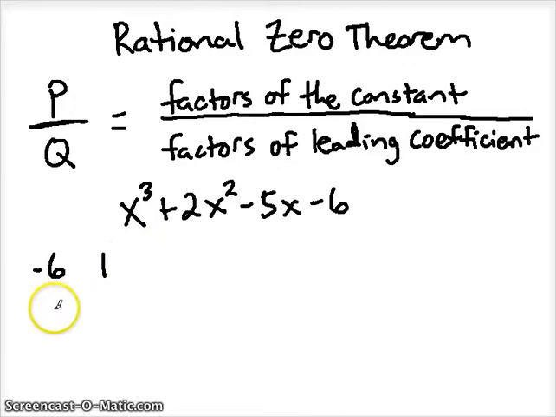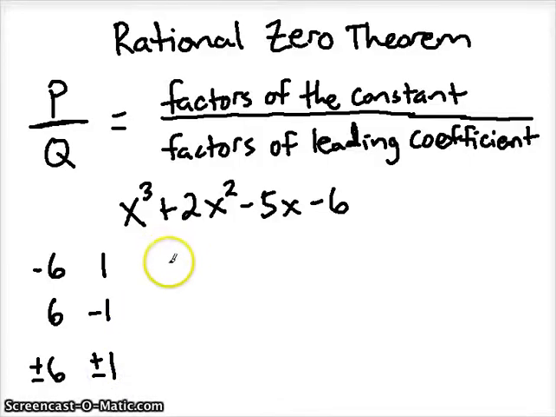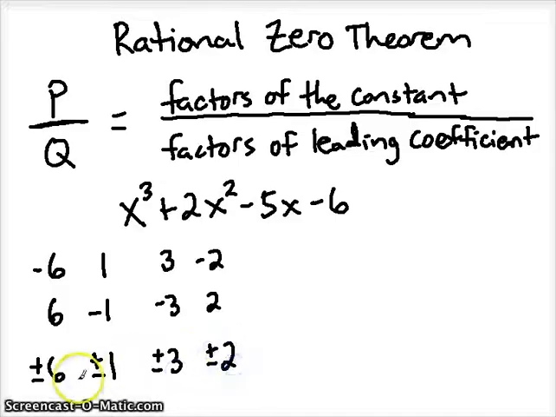So -6 and 1, but we could also have 6 and -1. Those are also factors. So really we have positive and negative 6, and we also have positive and negative 1. We also have 3 and -2, but we could also do -3 and +2. So again, we have positive and negative 3, positive and negative 2, and I believe that's all of them.